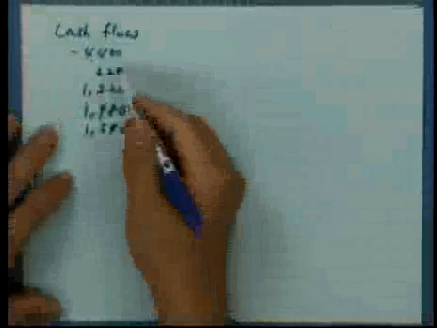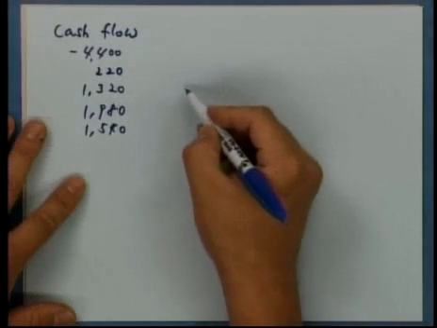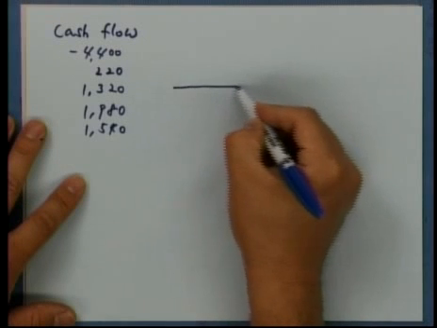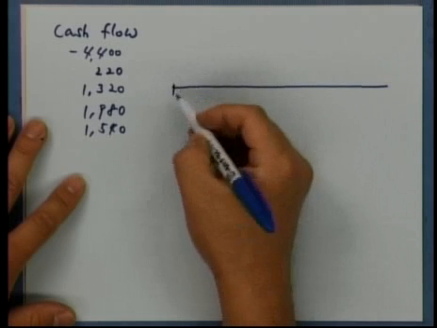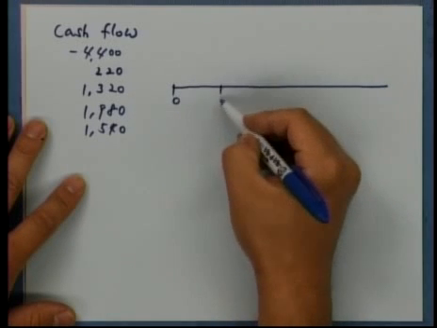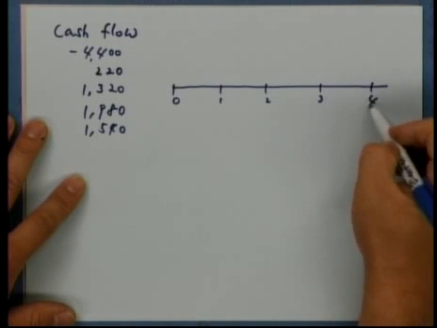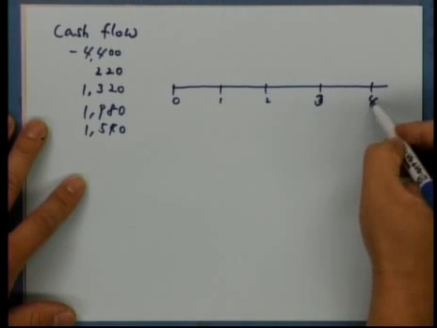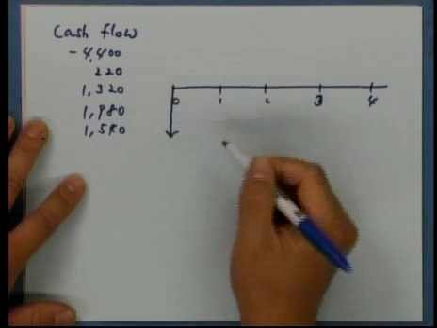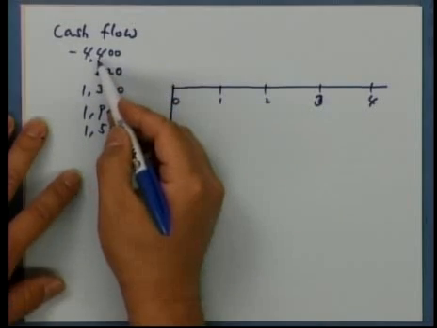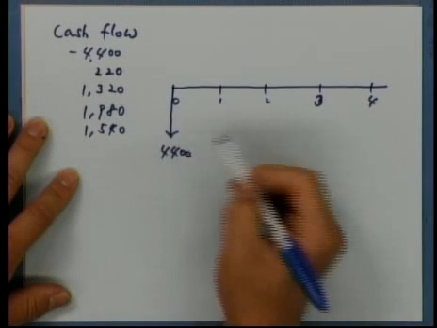So based on this, we can draw the cash flow diagram. Starting from year 0, 1, 2, 3, and 4. At the end of period 0, there is a negative cash flow of 4,400.